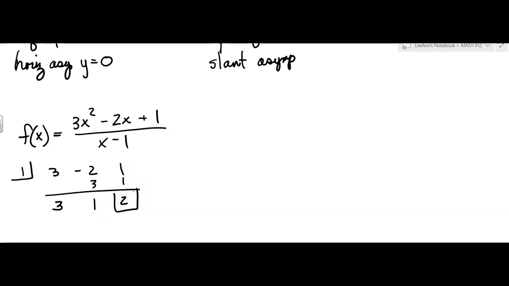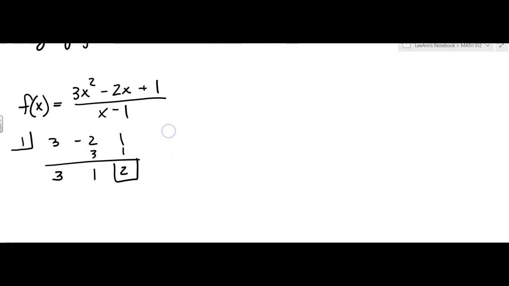Okay, it has a remainder of 2. We don't really even care about that. What we care about is this 3x plus 1. That is the slant asymptote. When we write it as an equation, y equals that, that is the slant asymptote. You see it's linear. Okay, and so you can graph that line, but you'll make it a dotted line because it'll be an asymptote. And that's what happens when the degree of the numerator is 1 more than the degree of the denominator.